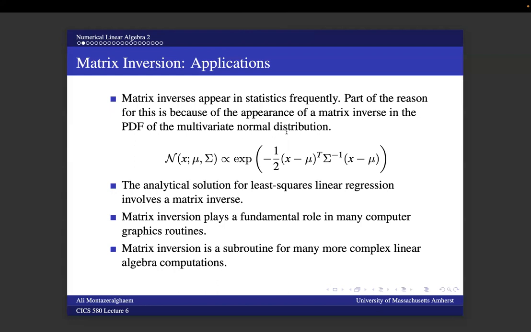Matrix inversion has a lot of applications. For example, in the normal distribution or multivariate normal distribution, you can see we have a matrix inversion for the covariance matrix here. For another example, the solution for least squares linear regression also has a matrix inversion in that formula.